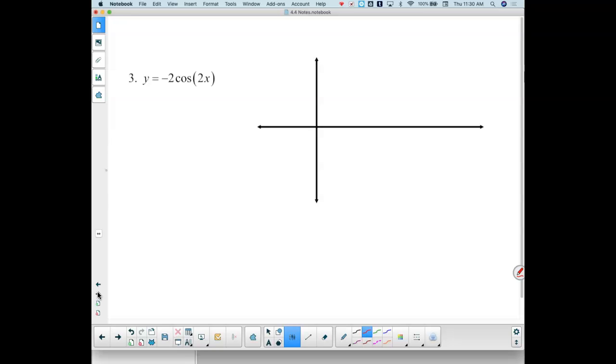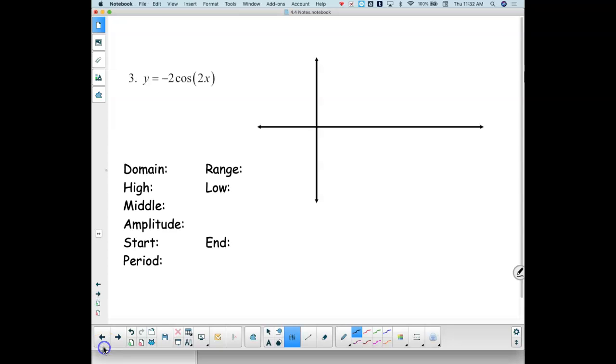Try that one. Domain, all real numbers. Amplitude is 2.